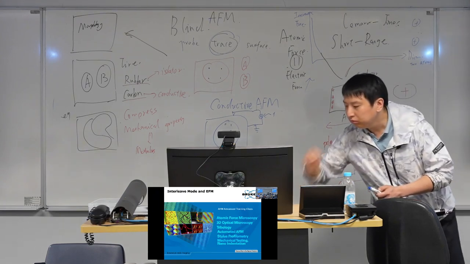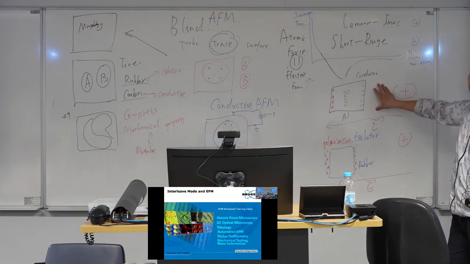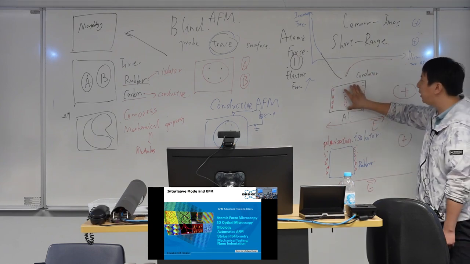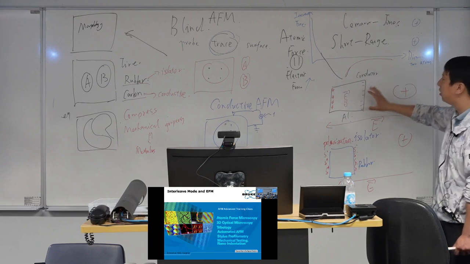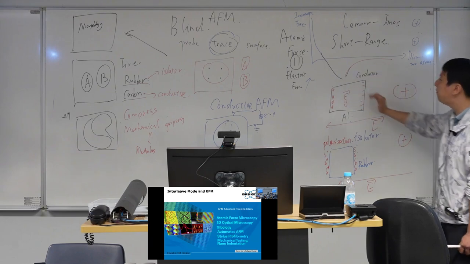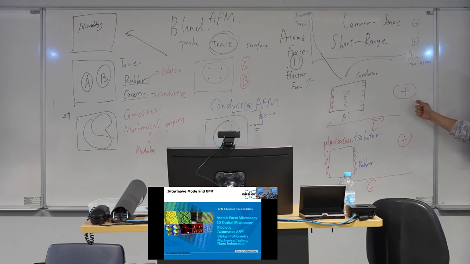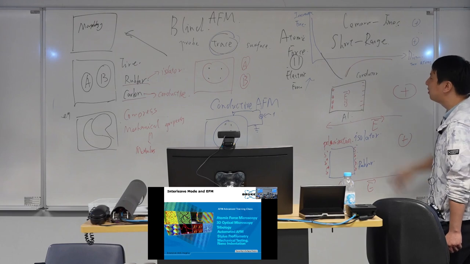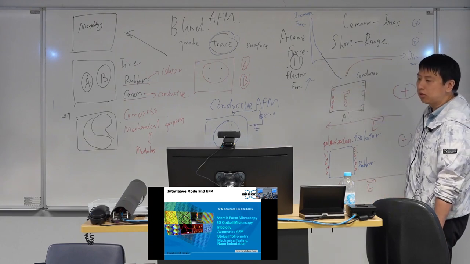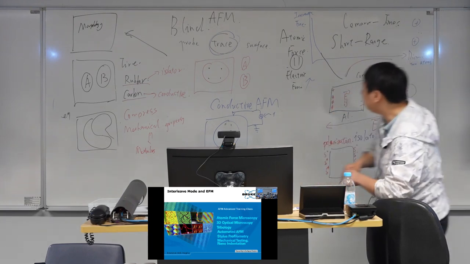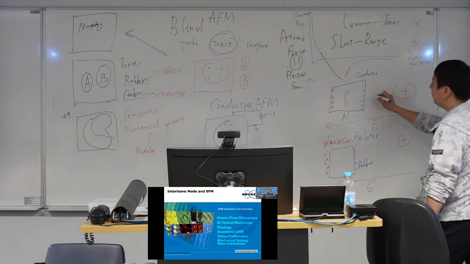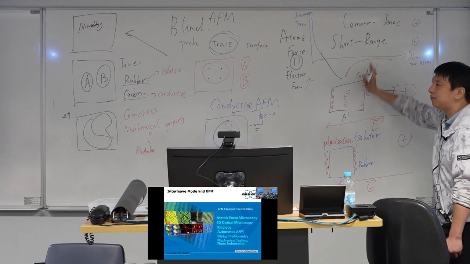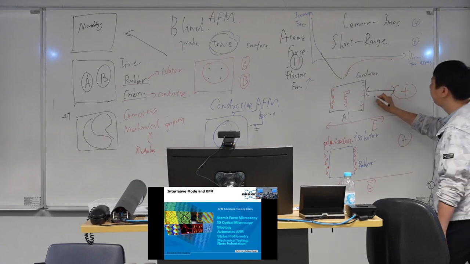For the conductor, it will be completely polarized. All the negative electrons, all the negative charges will face the source of the electric field, and inside the material there will be zero electric field. So there will be a strong interaction between this face and the source.